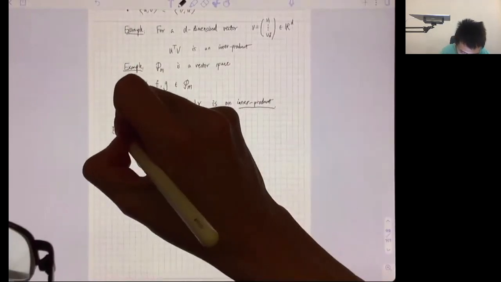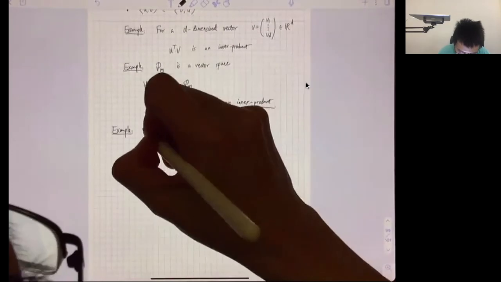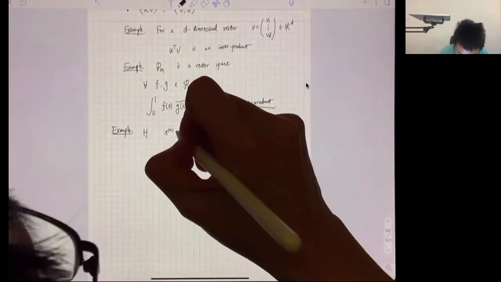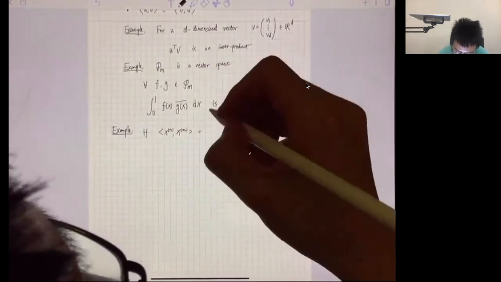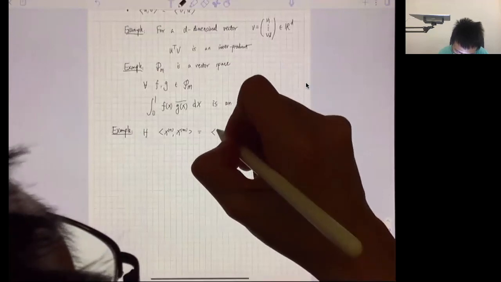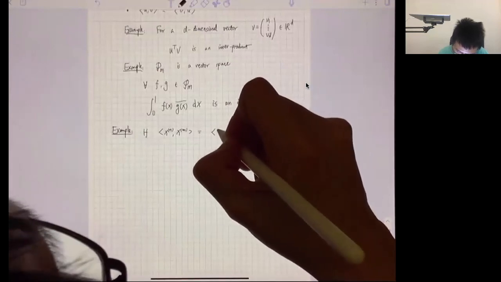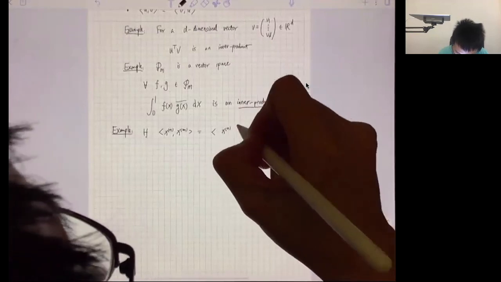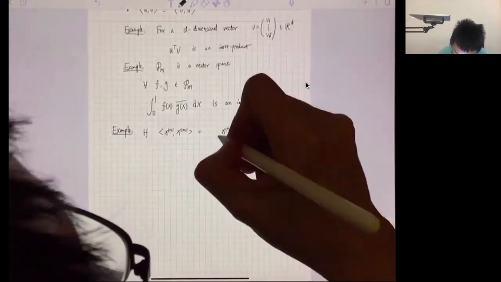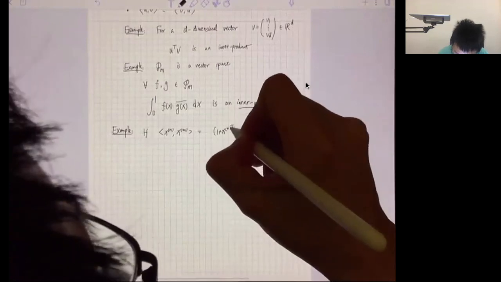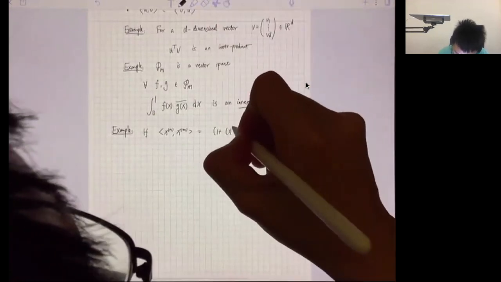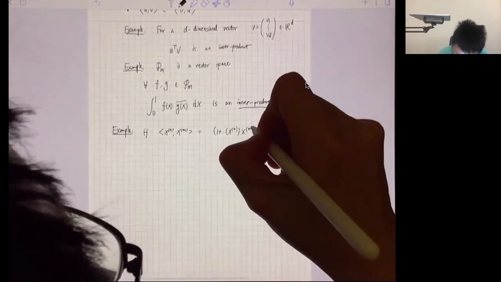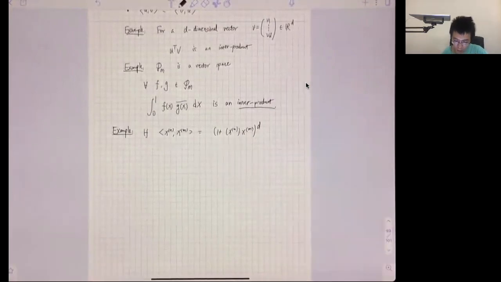So example. If I define the inner product between two data samples xn and xm as xn transpose xm, okay, to the power of d, then it essentially defines a polynomial feature.